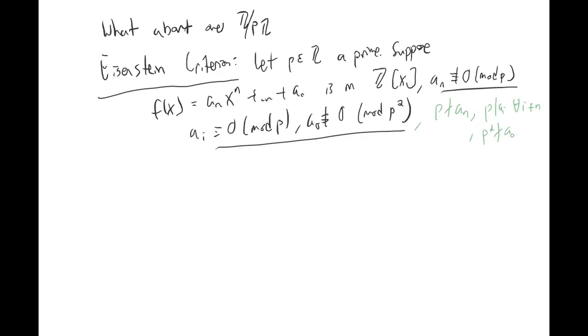Okay. So instead of I not equal, I could just do I less than n. So from here, what does it say? Then f of x is, I'm going to say over Q, but the proof works over Z mod pZ.